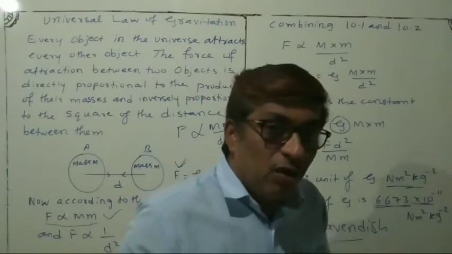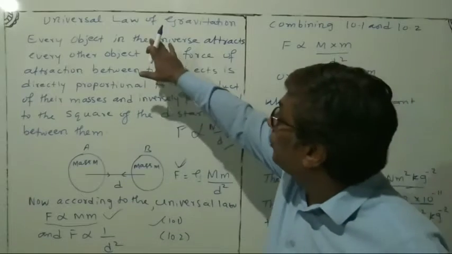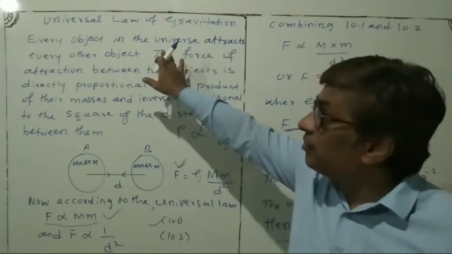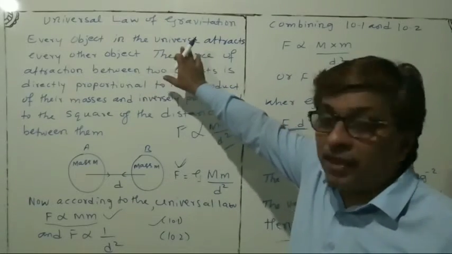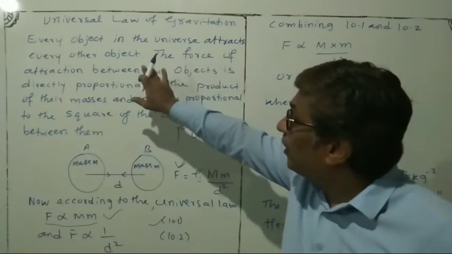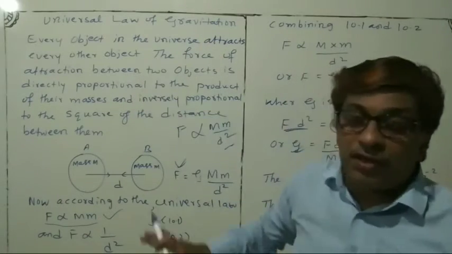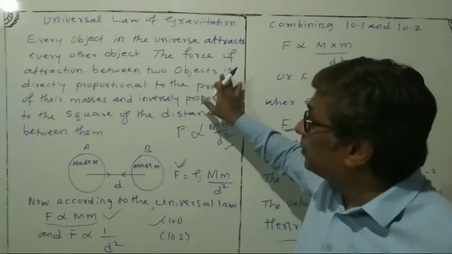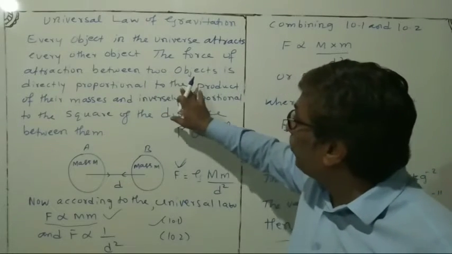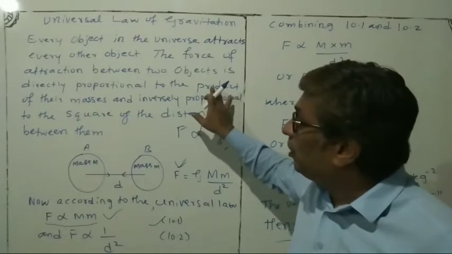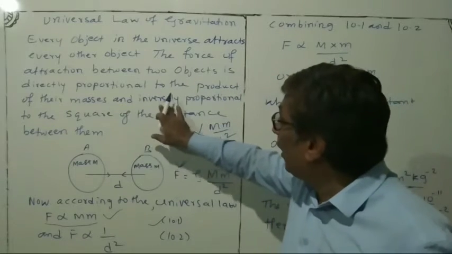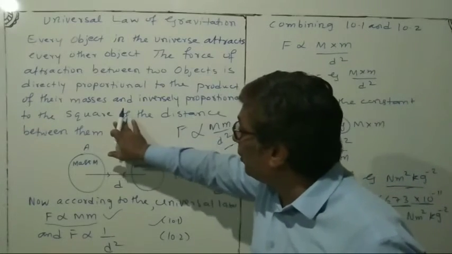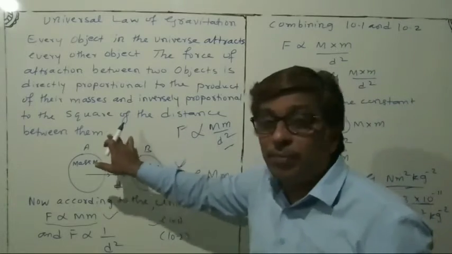So what did you learn now? What is the universal law of gravitation? Every object in the universe attracts every other object. The force of attraction between two objects is directly proportional to the product of their masses and inversely proportional to the square of the distance between them.